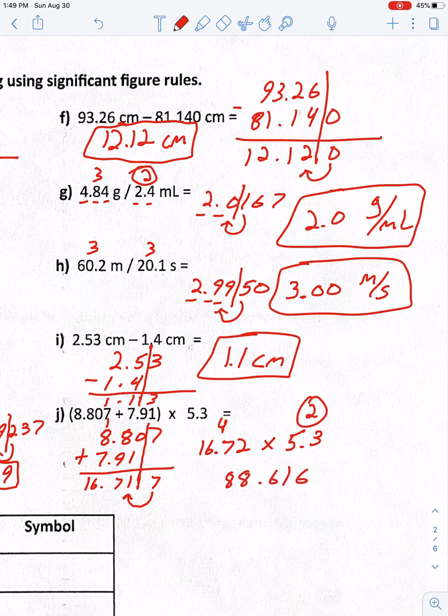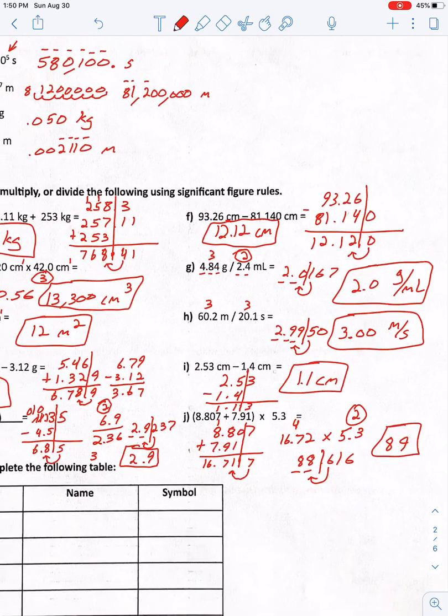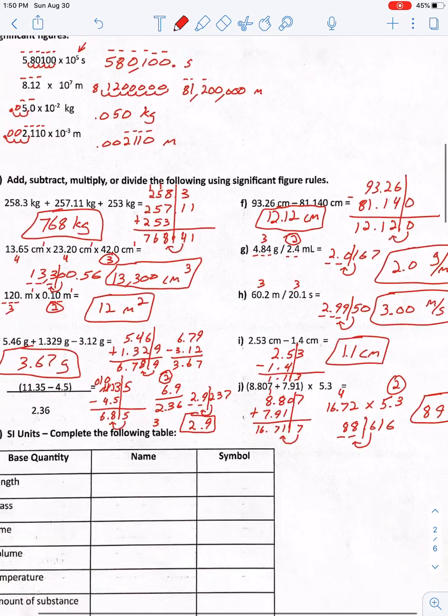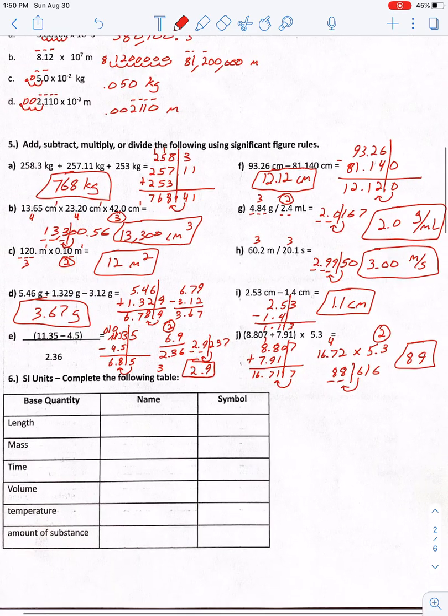Now I can only have 2 significant figures. So 1, 2, draw my line. This 6 is going to tell me that I'm going to round up. So my answer would be, that was a bad 8, so bear with my bad handwriting. So I would give 89, and that's my answer. Okay, so feel free to rewind if you need to go back over this again.